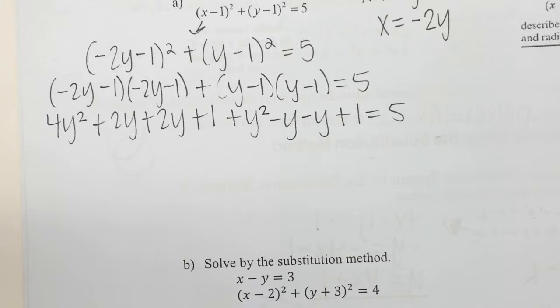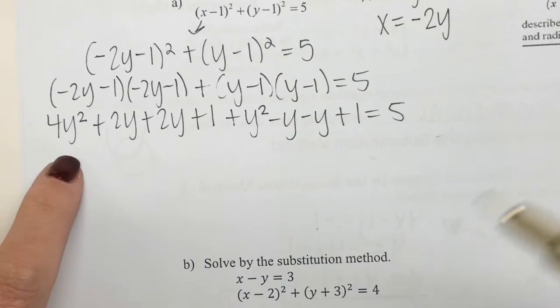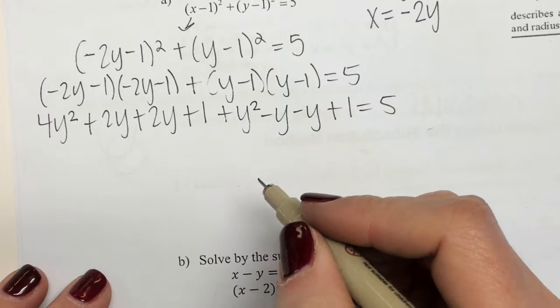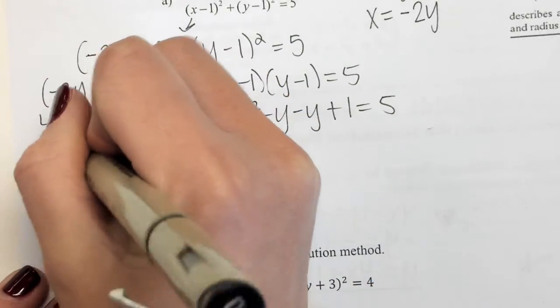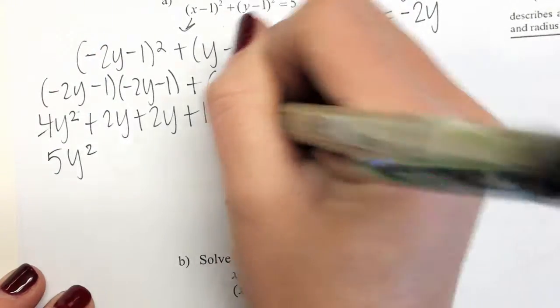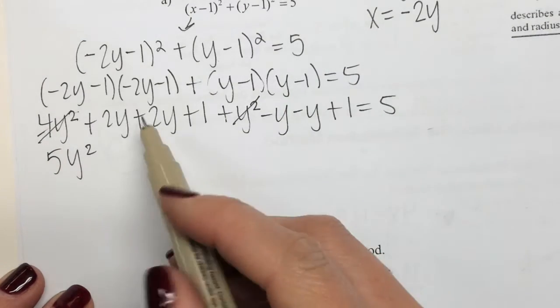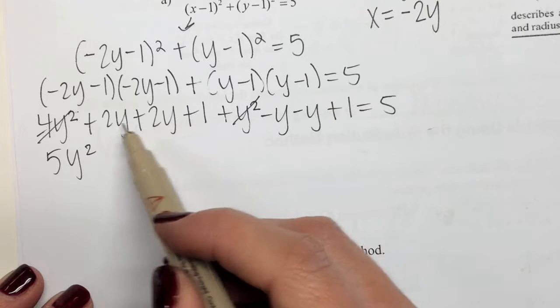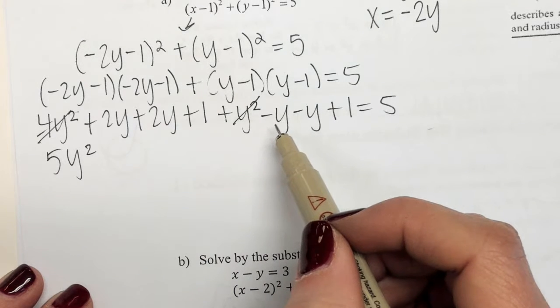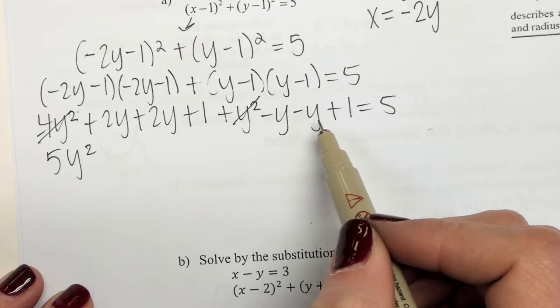Alright, combining like terms. Does 4y squared have friends? Yes, it does. 5y. So it'd be 5y squared. Good. Mark those out. We have 2y plus 2y, which gives us what? 4y minus y minus y.